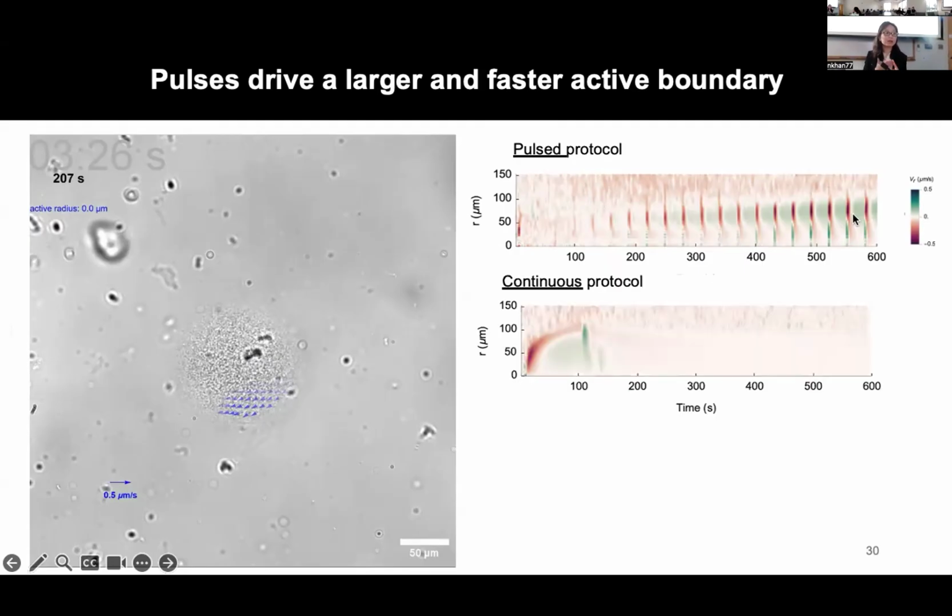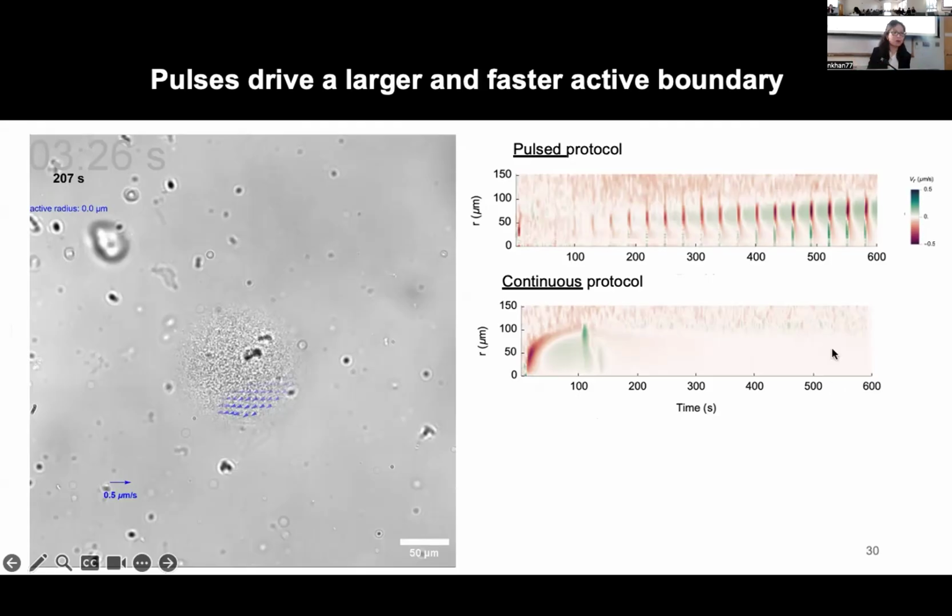And let me continue. Let me prepare to compare the pulse protocol and the continuous protocol together. What you're seeing here is a continuous protocol. What I do is give 100 seconds of light on, and then they don't show any dark region anymore. It means the system is slowly dying down.